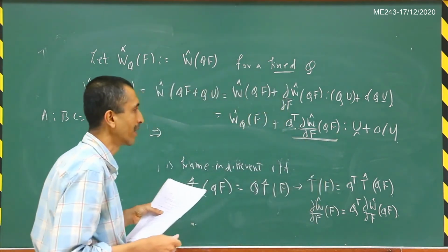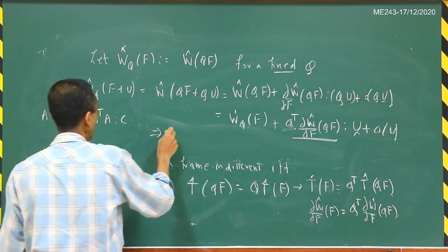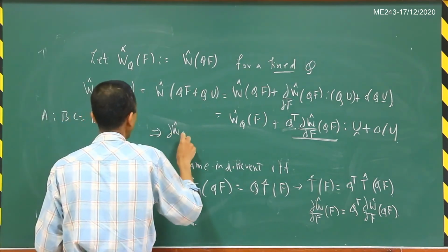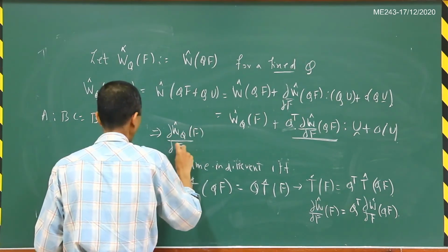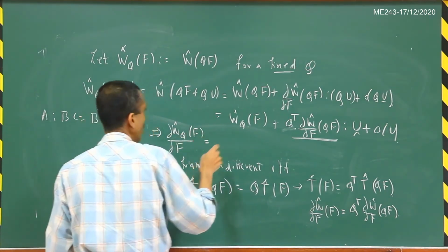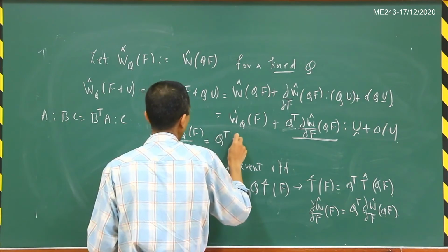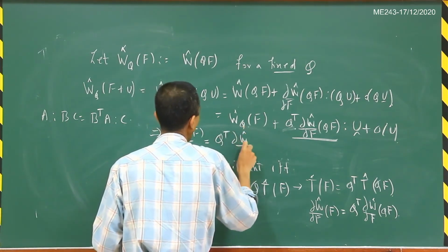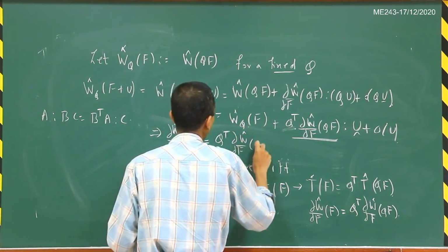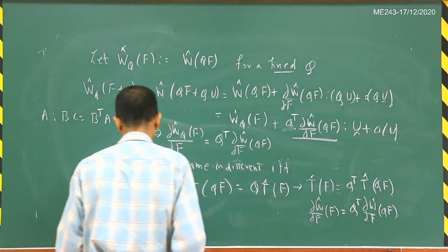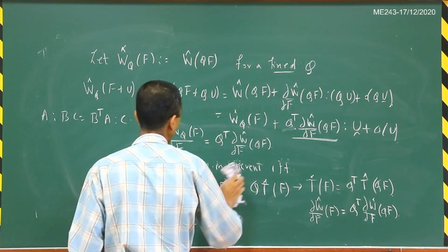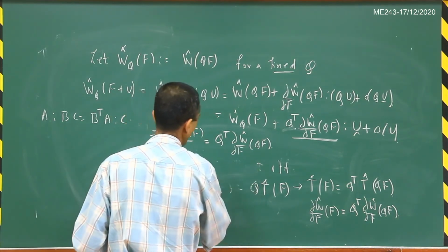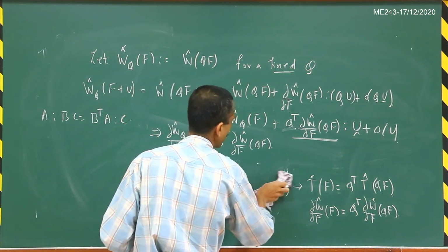So that is what we have seen here. That is del W hat of Q evaluated at F, and the gradient is with respect to F, that is equal to Q transpose times del W hat by del F evaluated at QF. Now let us compare these two things here. Let me just rewrite this.